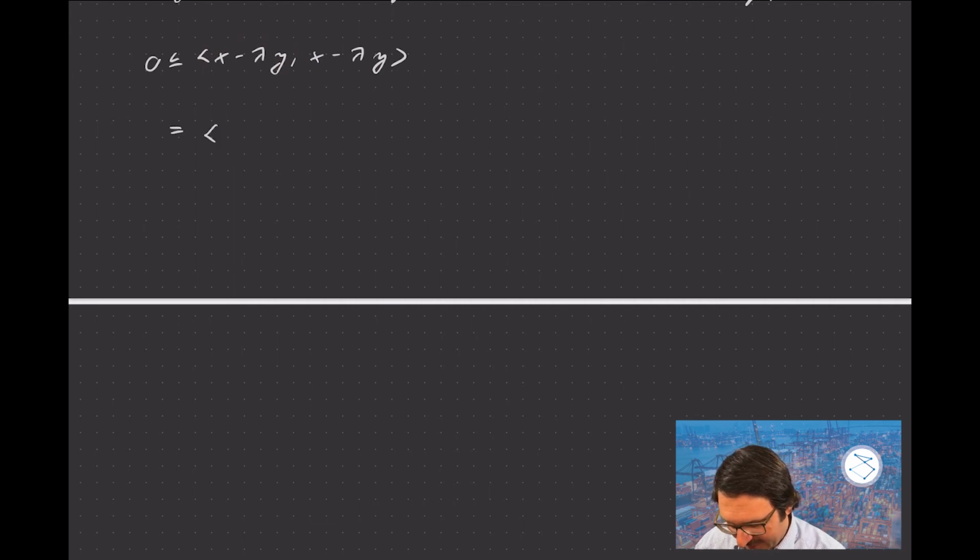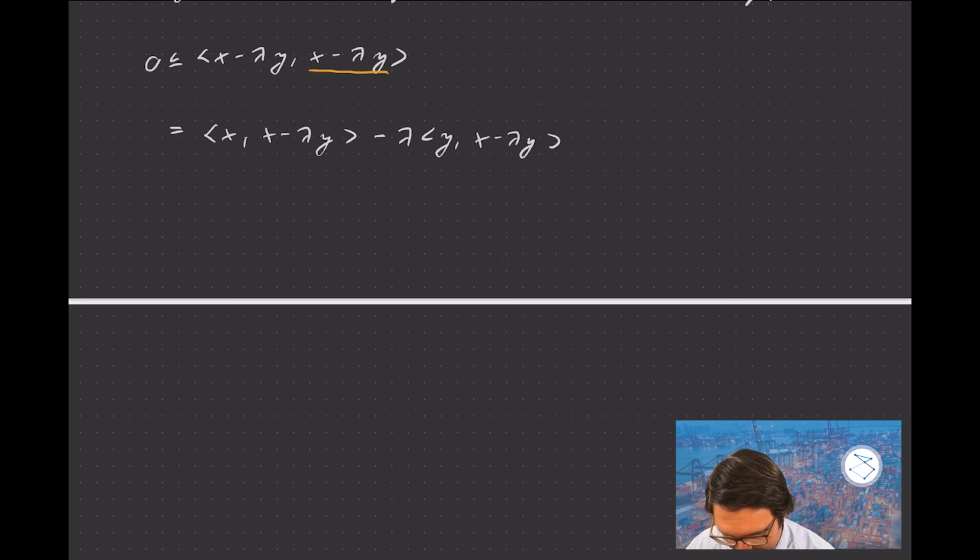And that means what we get is x, and the second component is kept fixed, minus lambda times y, and again the second component is kept fixed, right? So this component here is always fixed. And then using symmetry, we can also apply linearity to the second component. So let's do that.